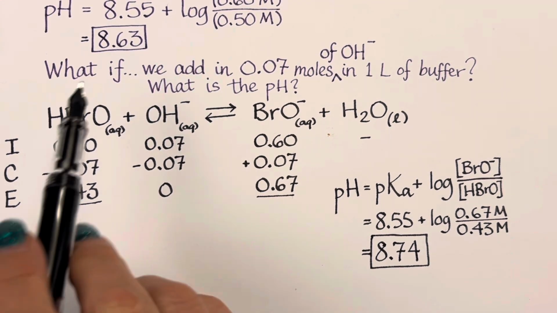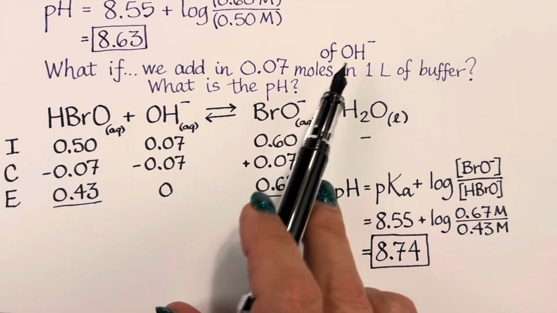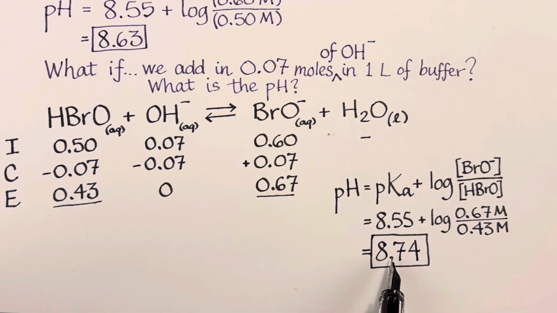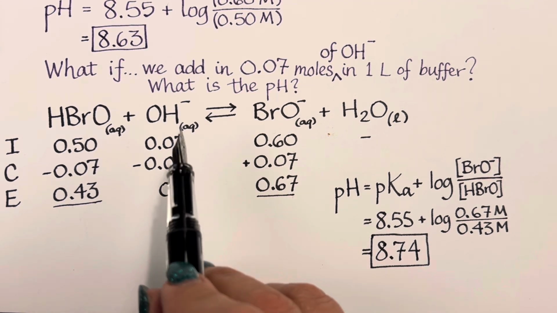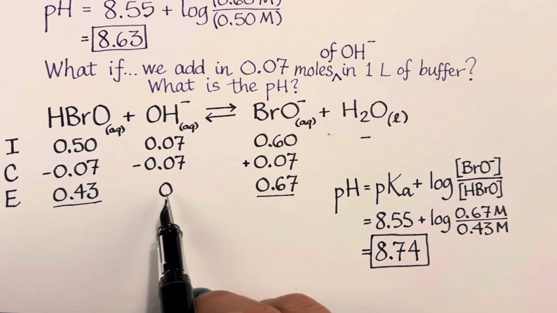Okay, so we compare that to the 8.63 we had in the original buffer, added some hydroxide, and it went up about 0.11 pH unit, as opposed to if you were to put this much hydroxide into pure water with no buffer, the pH would be much higher.